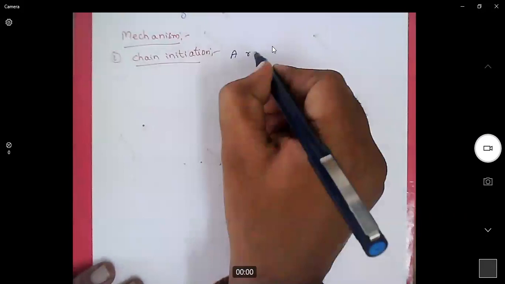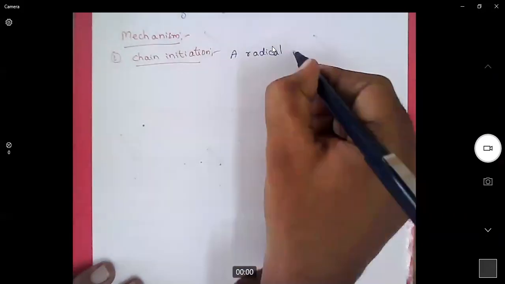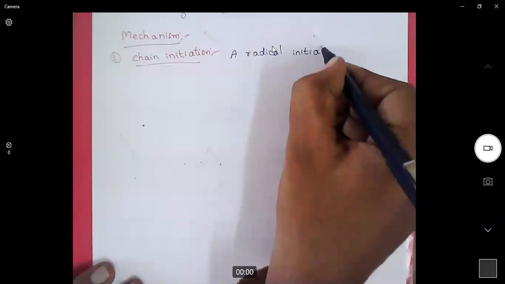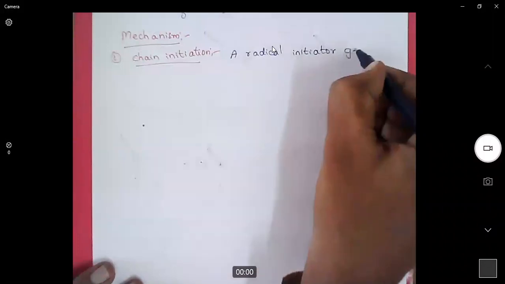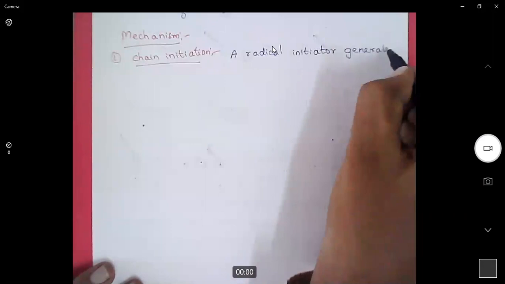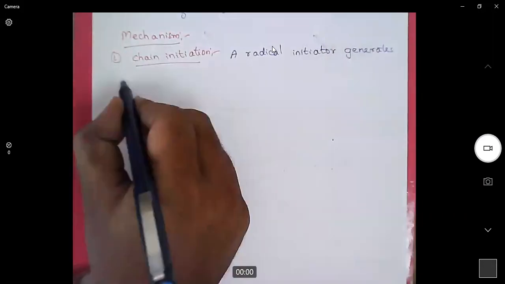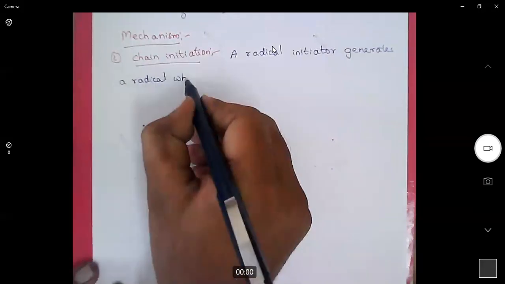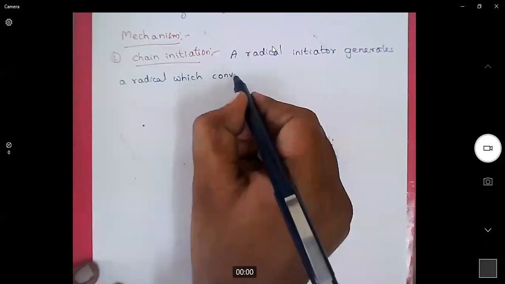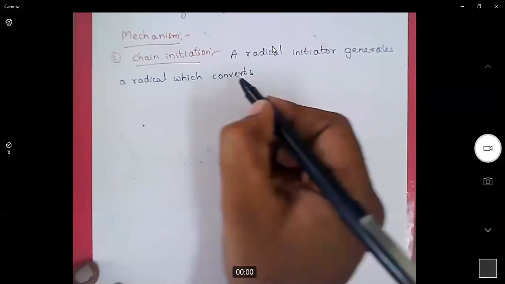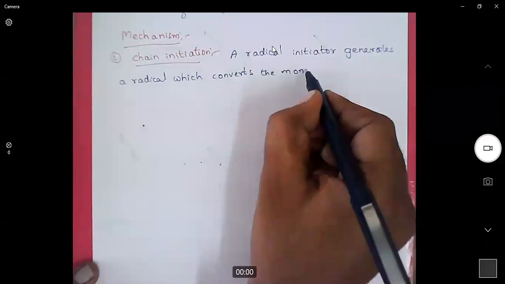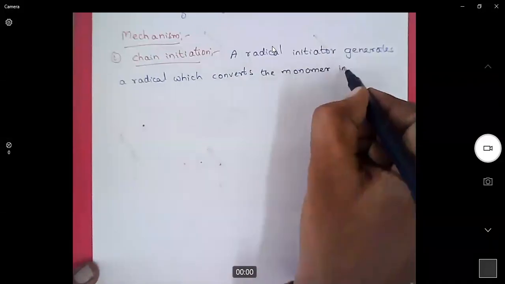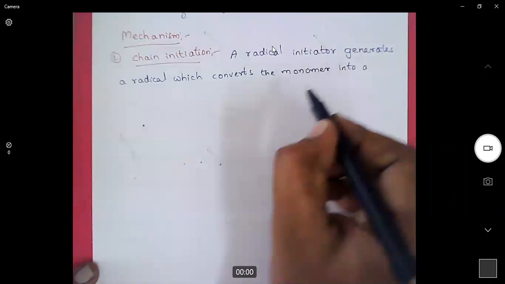So that is, a radical initiator generates a radical, which converts the monomer into a radical.